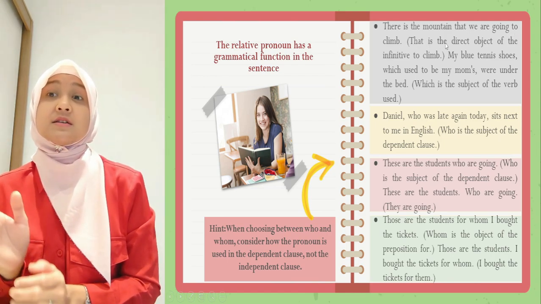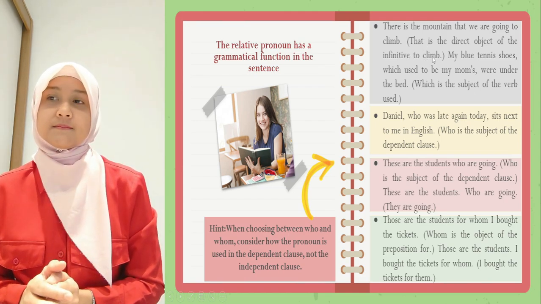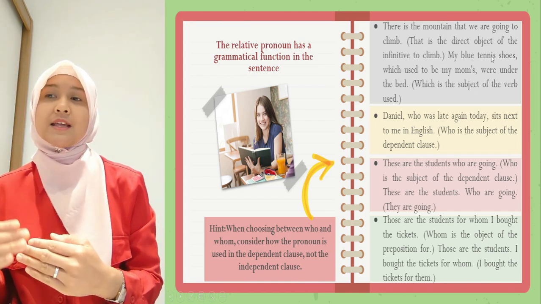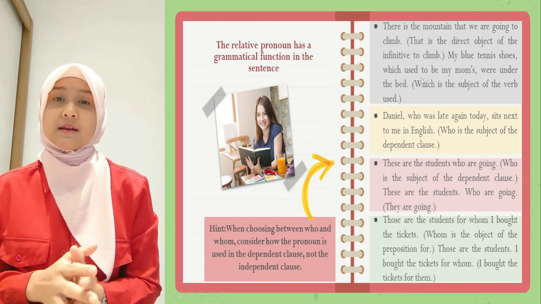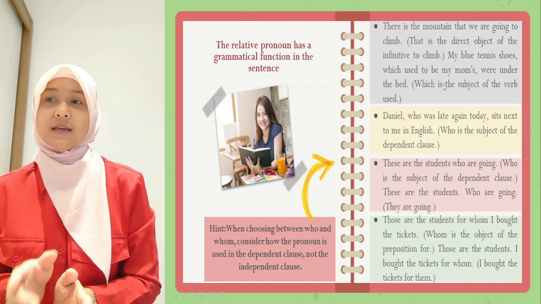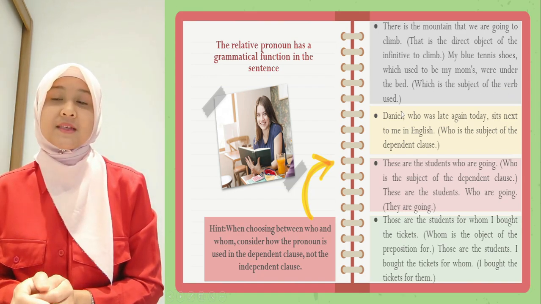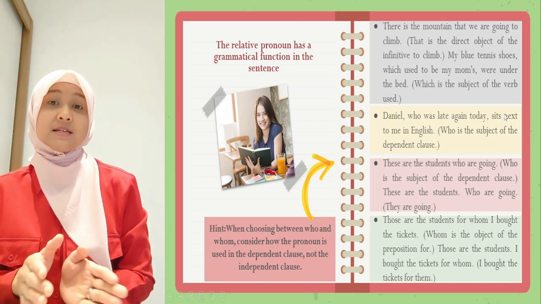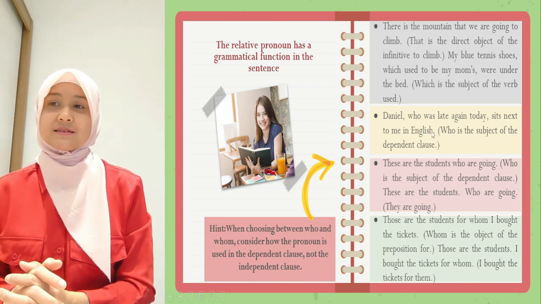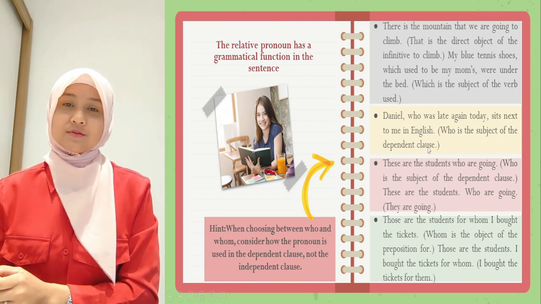That is the direct object of the infinitive to climb. My blue tennis shoes, which used to be my mom's, were under the bed. Which is the subject of the verb used. Daniel, who was late again today, sits next to me in English. Who is the subject of the dependent clause.